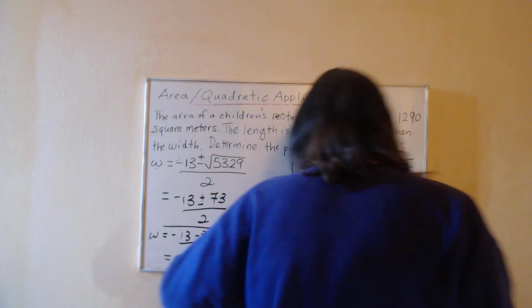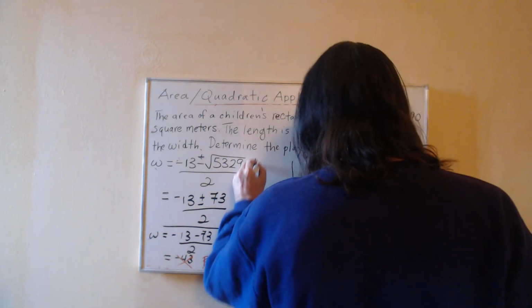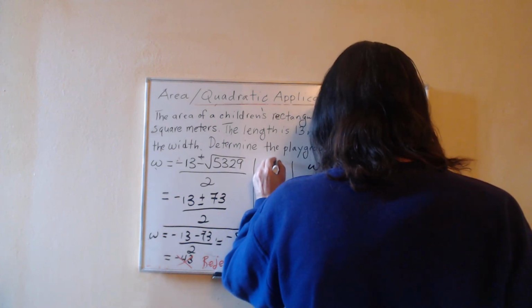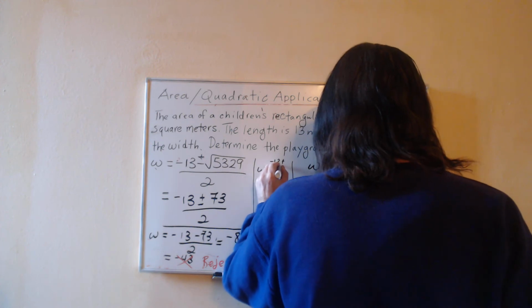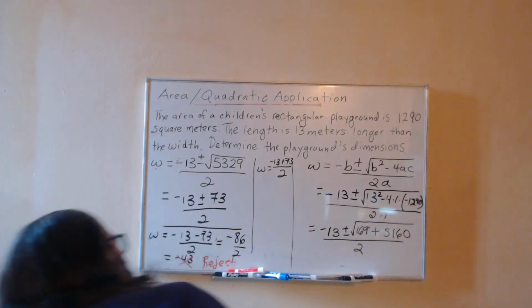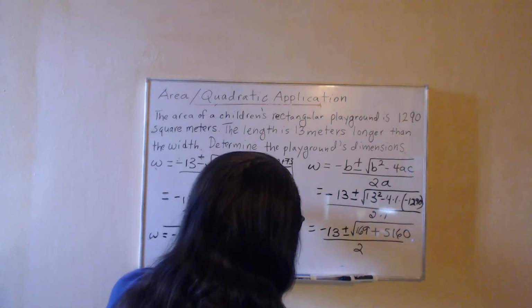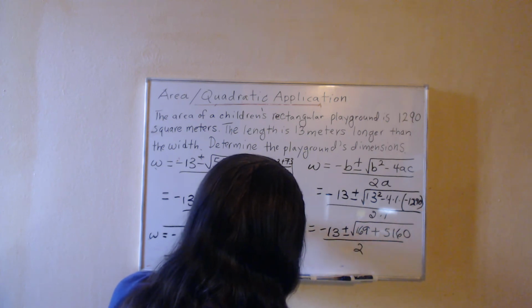And go over to the addition case of negative 13 plus 73 all over 2. And that's going to give me 60 over 2, or 30.